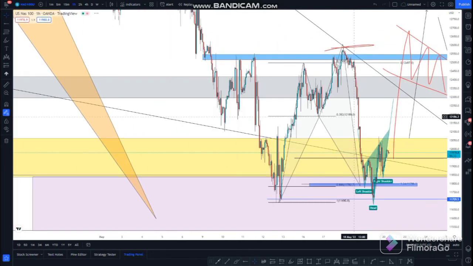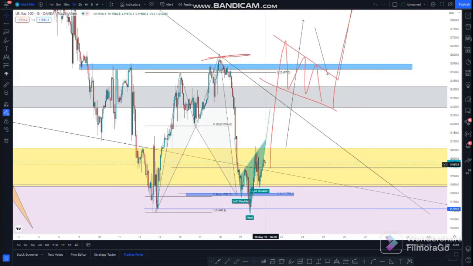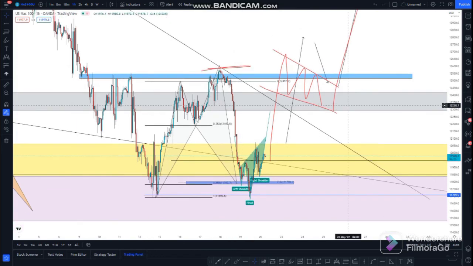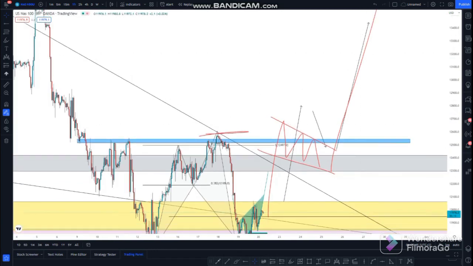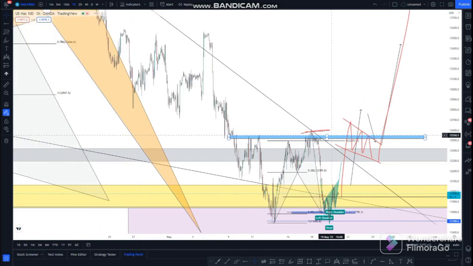But for us to know that that will actually happen, we need to see the market go up, break the previous high here, and retest the neckline of that structure, or this zone here. So it's either we retest the zone or the neckline of the structure, and from there we can start looking for buying opportunities, because then we'll know the likelihood of the market going up is very high.